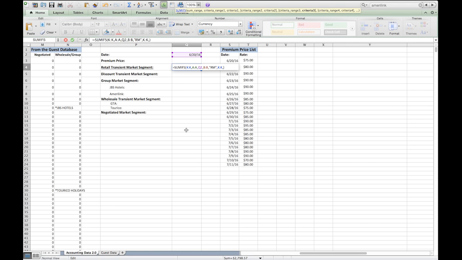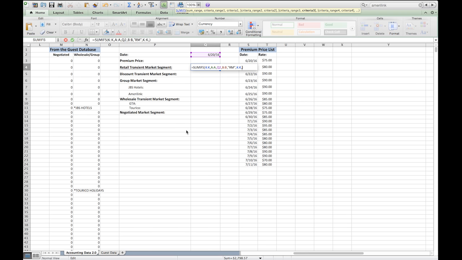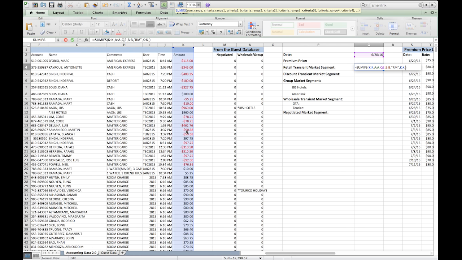So how do I add this restriction to the formula? Well, I need to tell Excel that everything in column K has to be greater than or equal to this premium rate on the price list for June 20th.